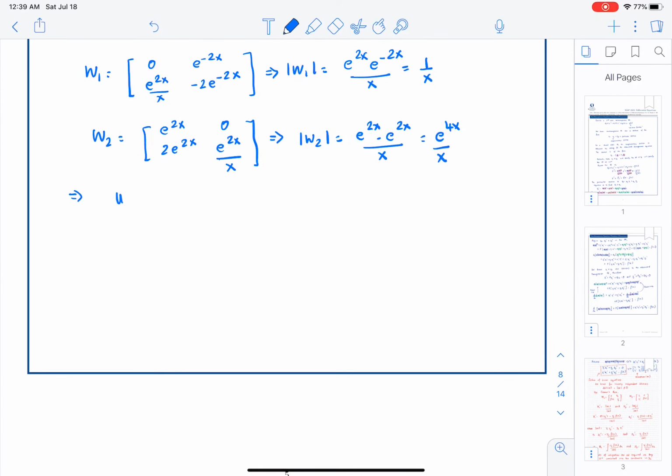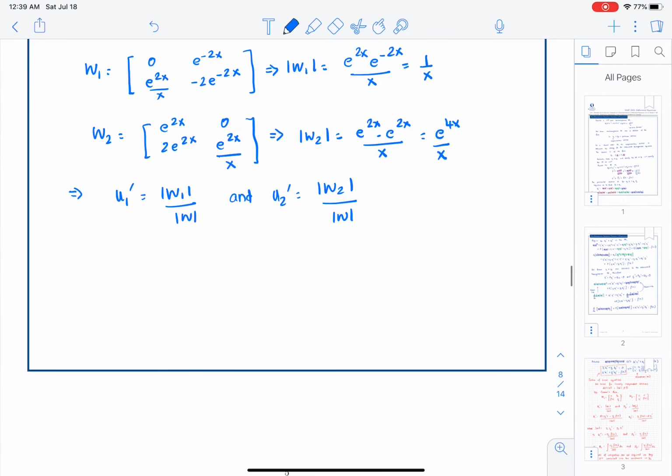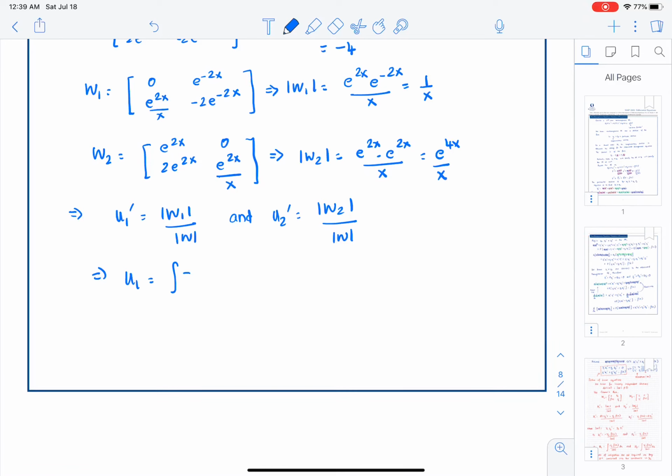Which would imply u1 prime is the determinant of w1 over the determinant of w, and u2 prime is the determinant of w2 divided by the determinant of w, which would imply u1 is integral negative 1 over 4x dx, and u2 is integral e raised 4x divided by x dx.